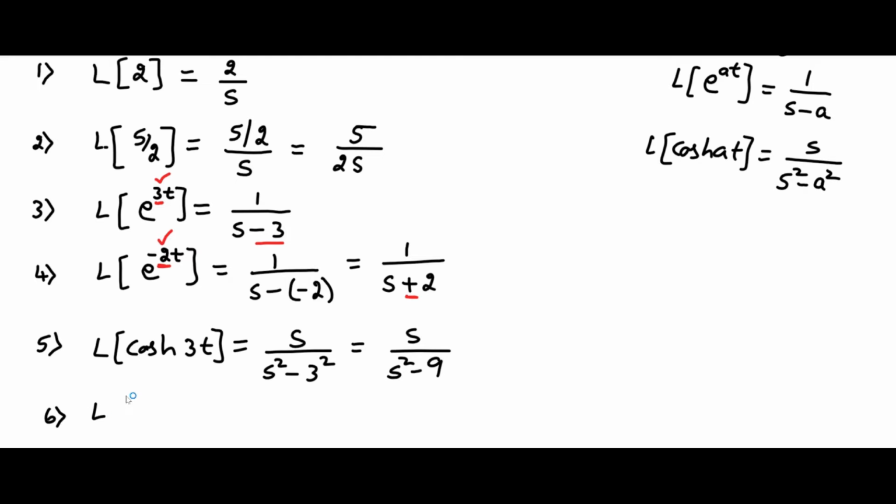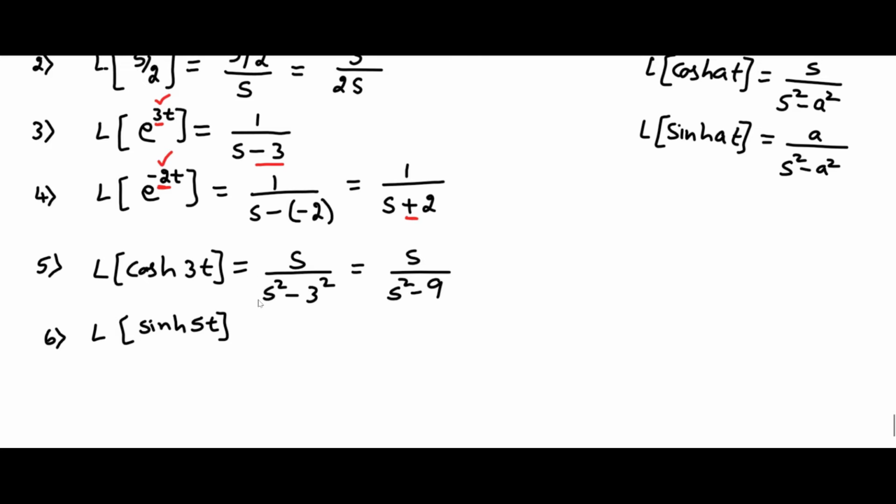Next question, finding out the Laplace transform of, say, sin h 5t. We know the formula for Laplace transform of sin h at. The formula is a by s square minus a square.